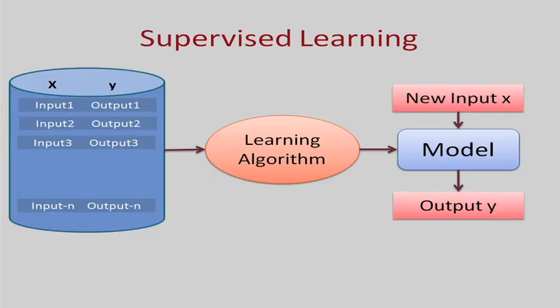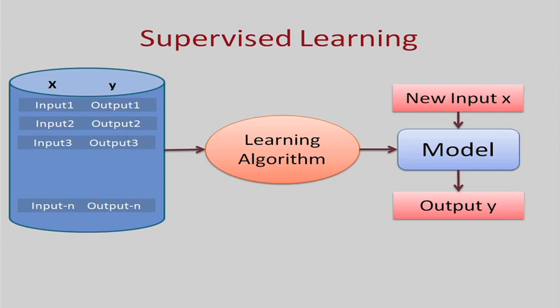So, let us look at this picture, which gives us a schematic diagram of supervised learning. In supervised learning, you have a number of training instances. So, this contains the training instances. For the training instances, each instance comprises of input and output. So, this is the first training instance, the second training instance, the third training instance, the nth training instance.